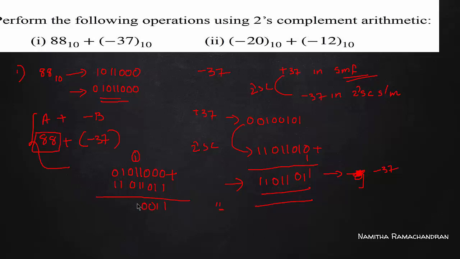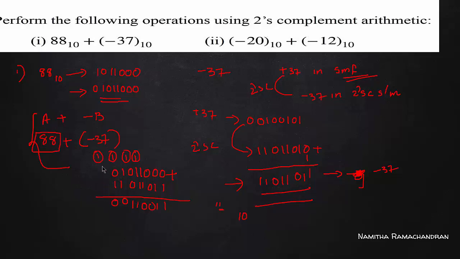So keep this 1 here and pass the other one as a carry to the next level. 1 plus 0 plus 0 is 1. 1 plus 1 is 2. 2 means 1, 0. So put that LSB 0 here and pass that MSB 1 as a carry to the next level. 1 plus 0 plus 1 is again 2, 0. Pass that 1 as a carry to the next level.